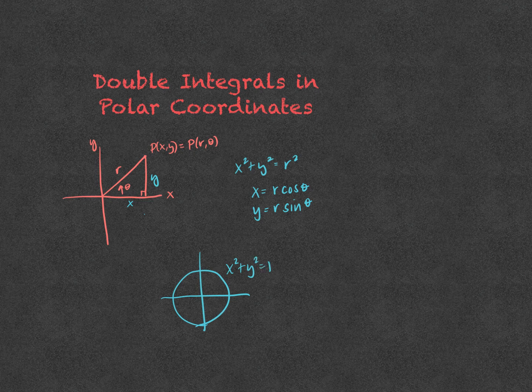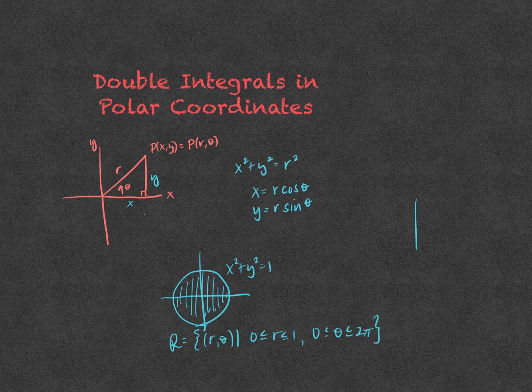Then we could say that the region R is equal to the points (r, theta) such that r is between 0 and 1. The radius is between 0 and 1, because it's shaded in. It's not just equal to 1. And then the circle is created because theta is between 0 and 2 pi. So you can see the polar coordinates happening there.